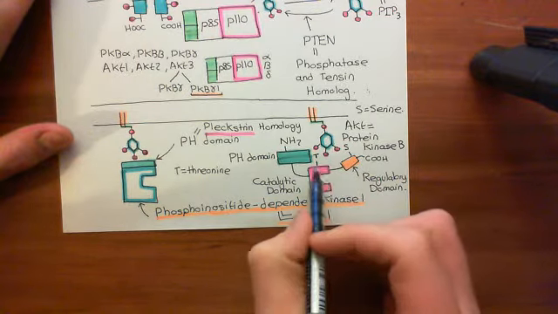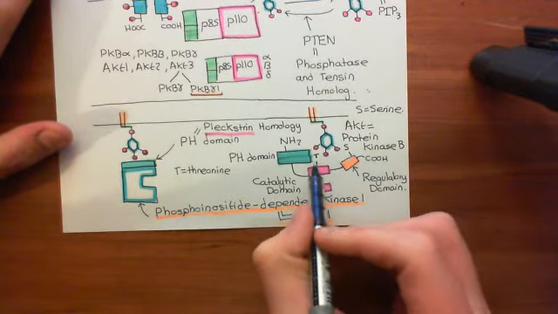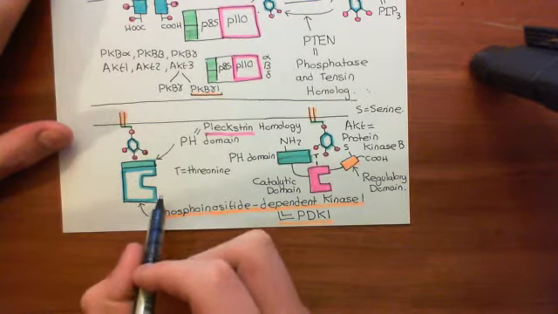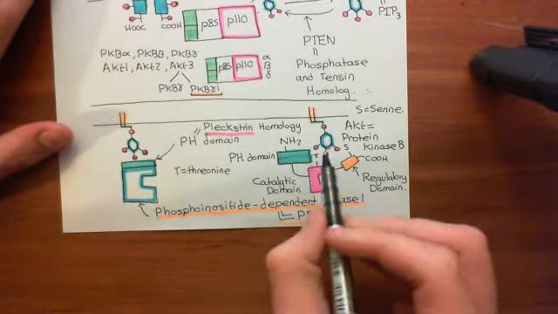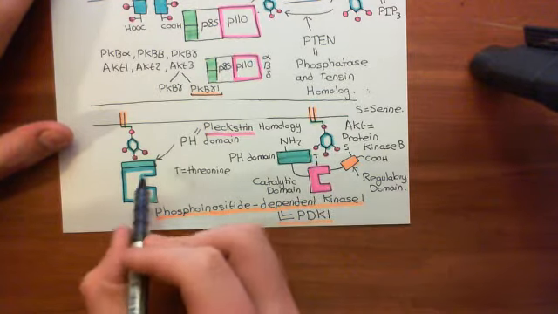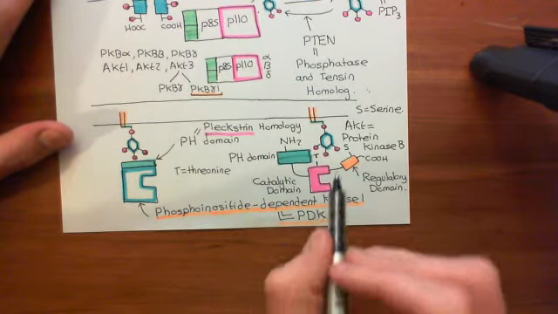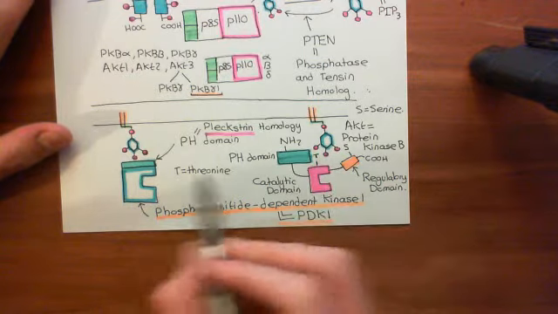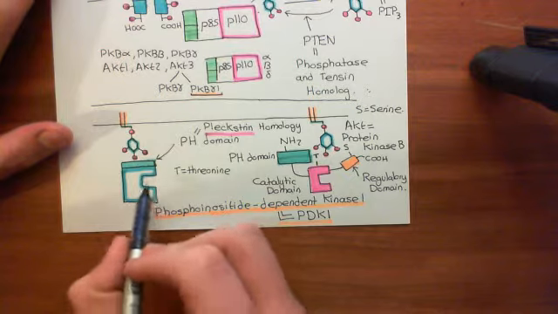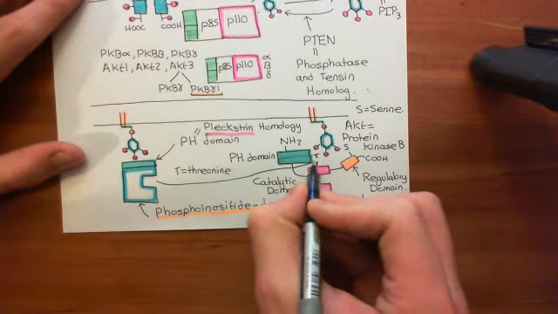And it changes the conformation such that this threonine here in the catalytic domain becomes an excellent substrate for phosphoinositide-dependent kinase 1. So, before this conformational change, this threonine wasn't a very good phosphorylation site. It wasn't a very good target for PDK1. But now, after the conformational change, it's a fantastic phosphorylation site for this PDK1 enzyme. So what's going to happen is that PDK1 is going to phosphorylate that threonine residue.